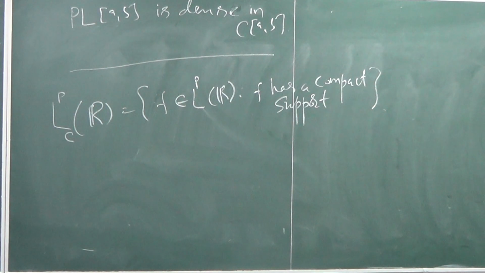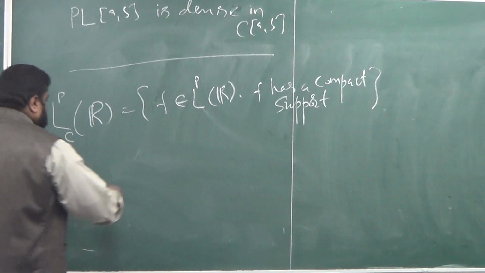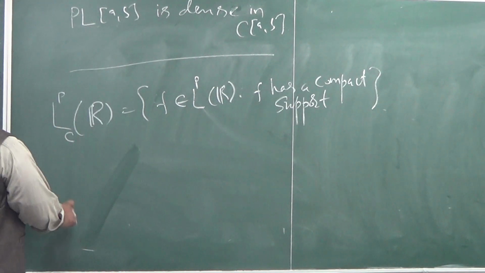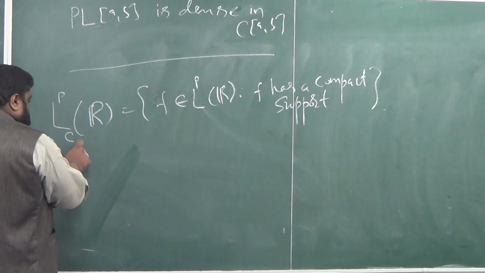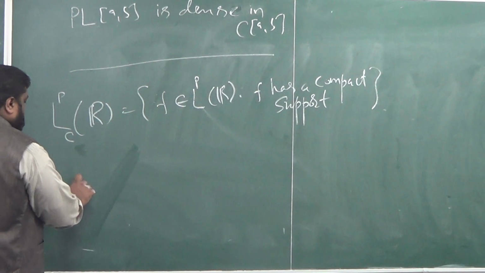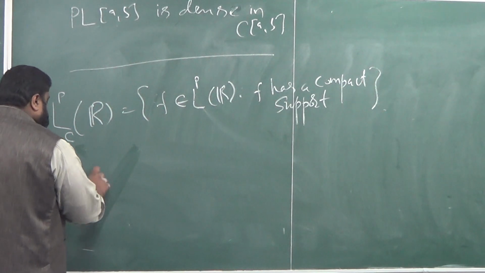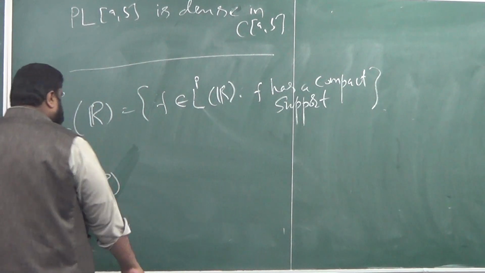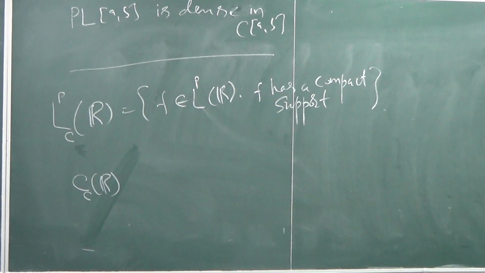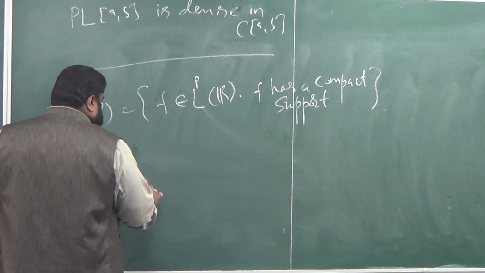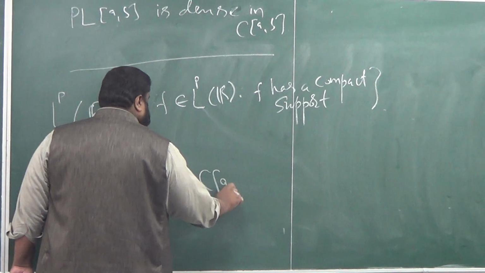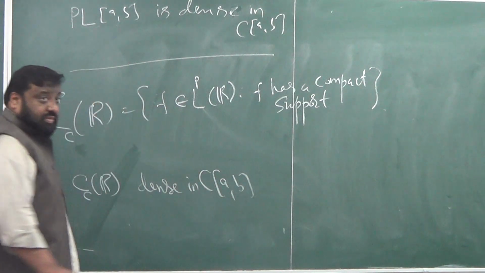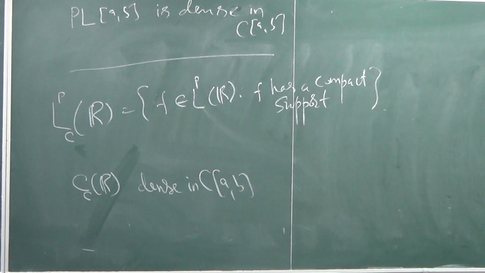What we ended yesterday with was an intention to show that this is dense. What we know before this is that C_c(R), the space of continuous functions with compact support, is dense in C_0 of R.